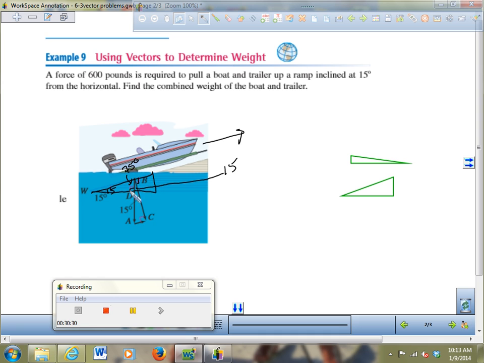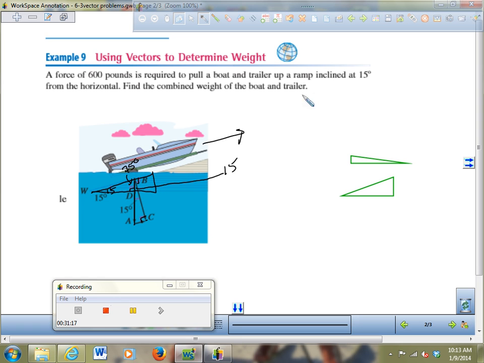So therefore, this angle here is 15 degrees, and since I want a force going in the same direction as the boat, and one going perpendicular, I could break this force into one going this way and one going this way, which is what you want. You want this thing right here.